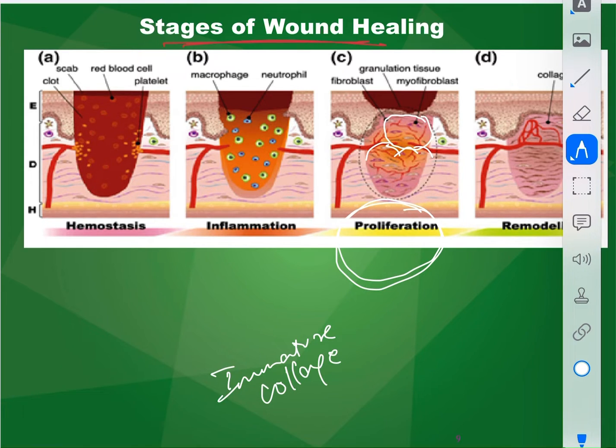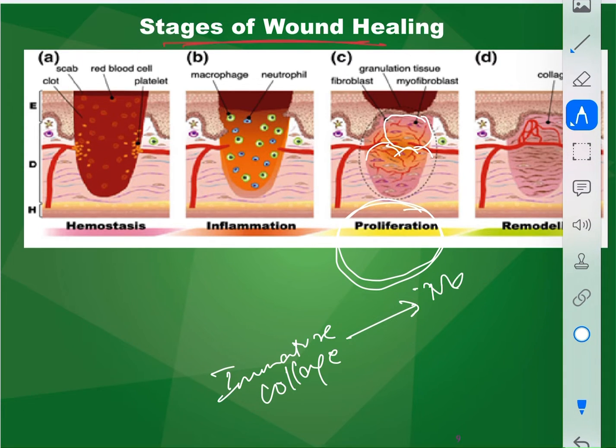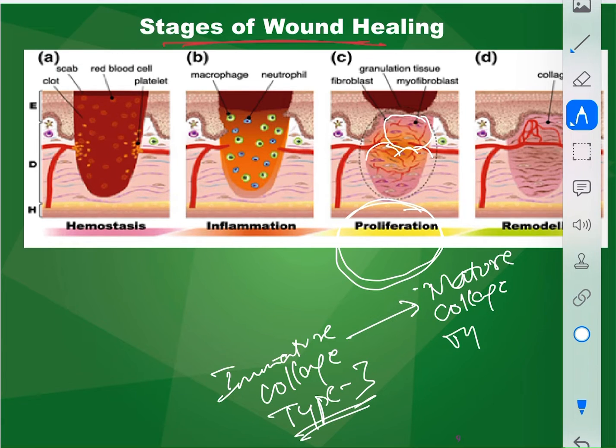We said immature collagen is the type 3 collagen and the mature collagen is the type 1 collagen. The type 3 to type 1 collagen ratio during the phase of remodeling is 1:4. This is an important multiple choice question for you, right?